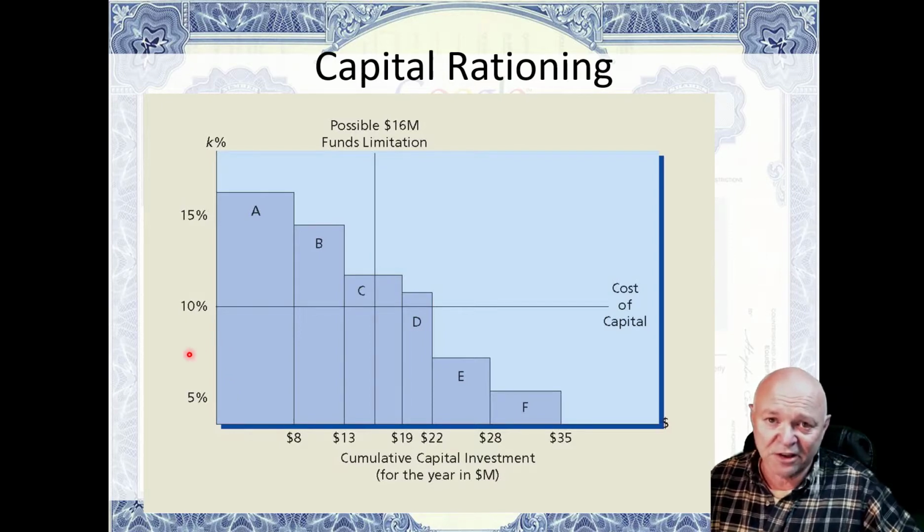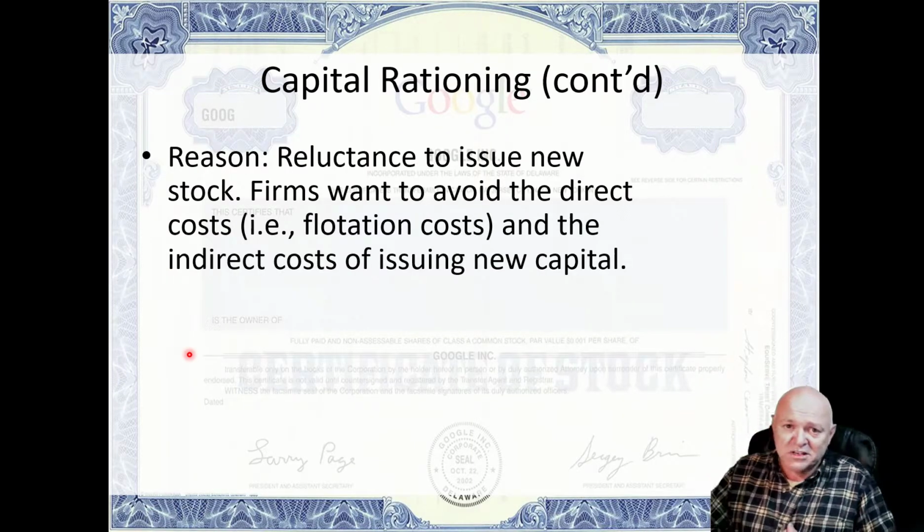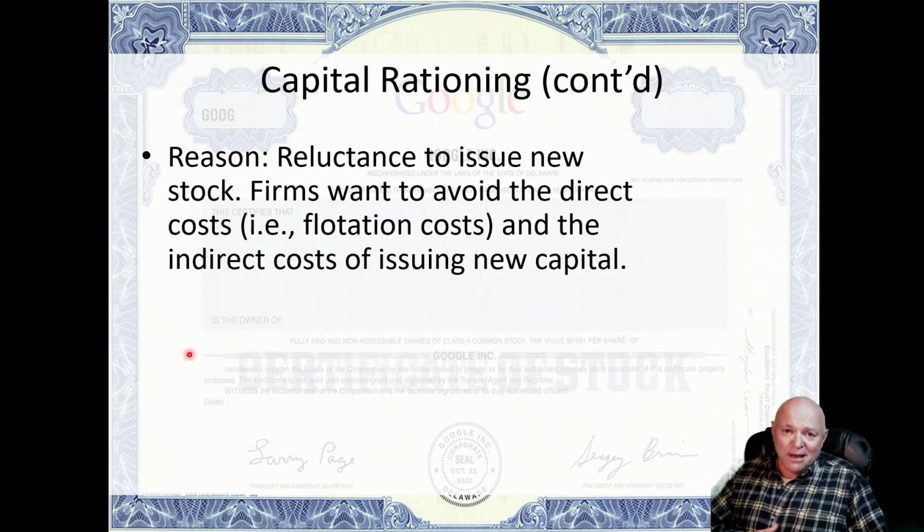It's definitely a problem that the academics say should not exist, because in a perfect world, all projects with positive NPV will attract funding. There are a number of other reasons. One reason why a company would establish a boundary is it says that if we try to float too many projects at once, we're going to run into the cost of that higher marginal cost of capital.